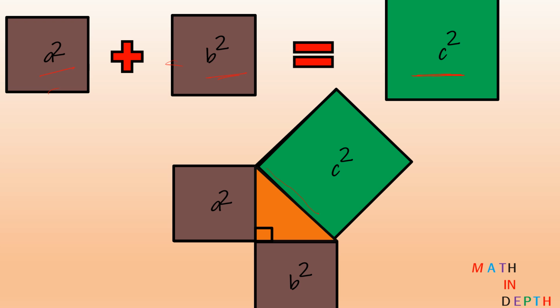This is Pythagoras theorem. So Pythagoras theorem talks about the relationship between the sides of a triangle, and it says the square of the hypotenuse is equal to the sum of the square of the other two sides of a right angle triangle. Clear? Now we'll understand the same thing with the help of an example.